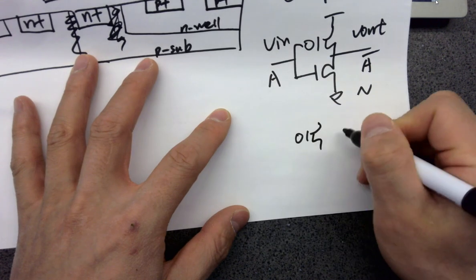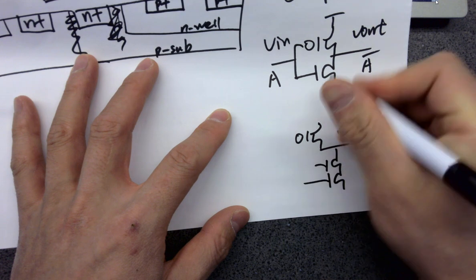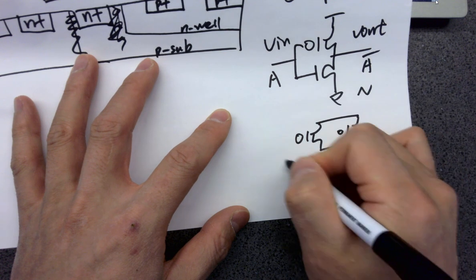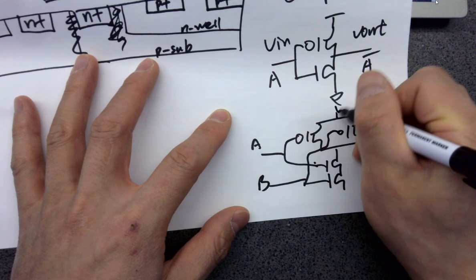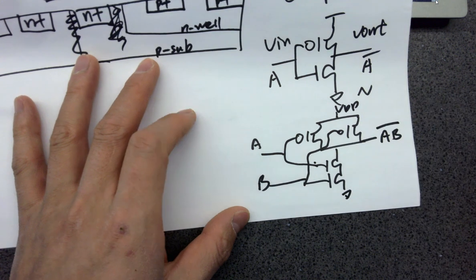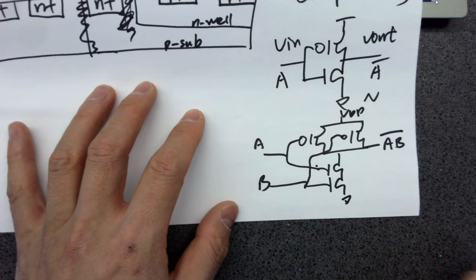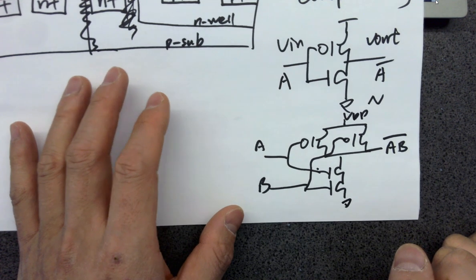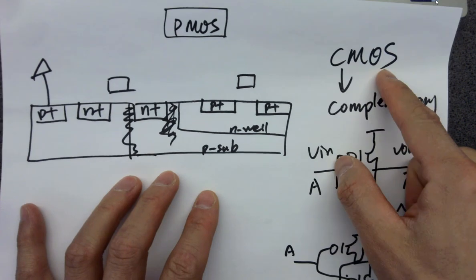And we need PMOS on the top and series NMOS at the bottom to form an AND gate or NAND gate. So all these gates are formed by complementary transistors. That's why it's called CMOS.